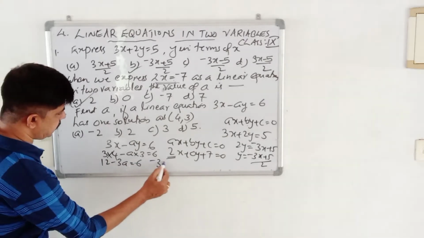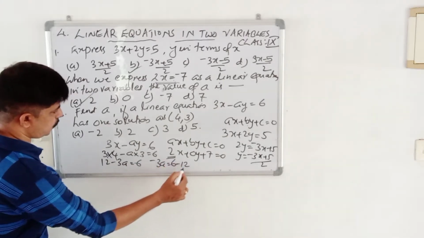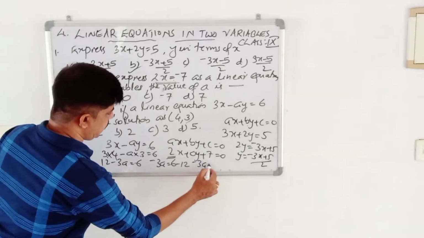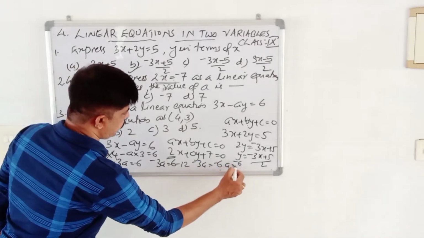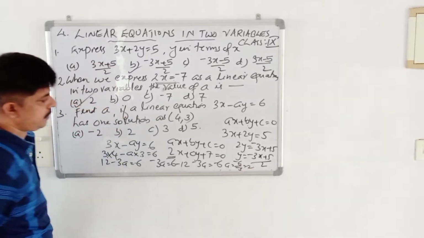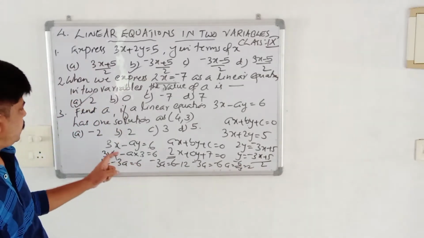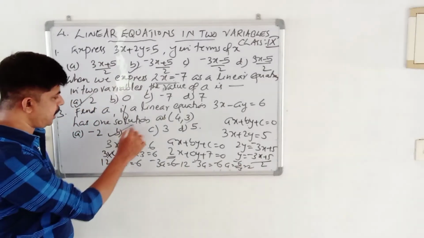Here we have negative 3a is equal to 6 minus 12, so negative 3a equal to negative 6. A is equal to negative 6 by negative 3. Here our answer is a is equal to 2. Therefore, in the options, b is the right answer.